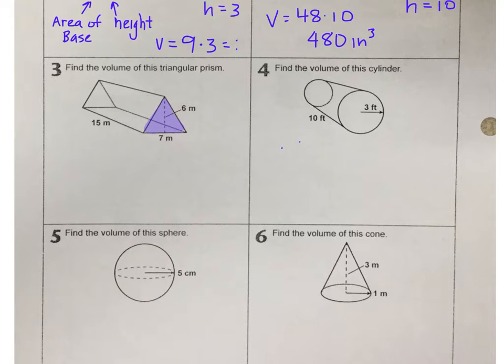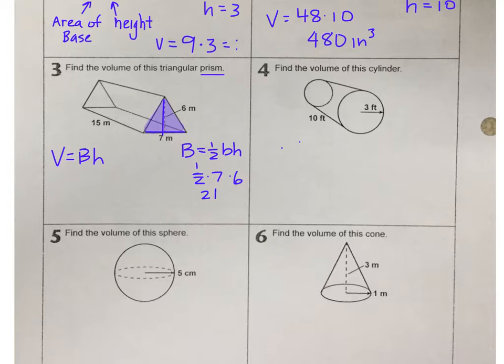This is still a prism, so we use that same V equals big B times H. This time, though, our base is a triangle. So to find the big B, we have to do the area of a triangle, 1/2 base times height. So 1/2 times our base is 7 and our height is 6.